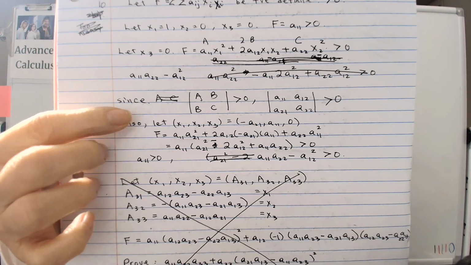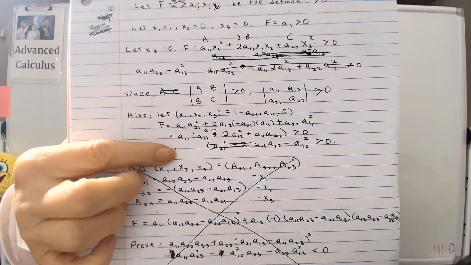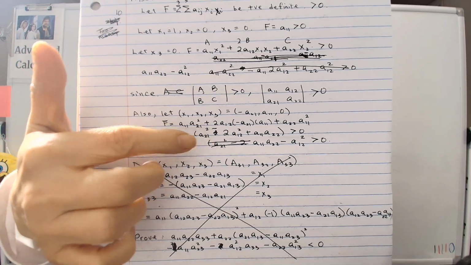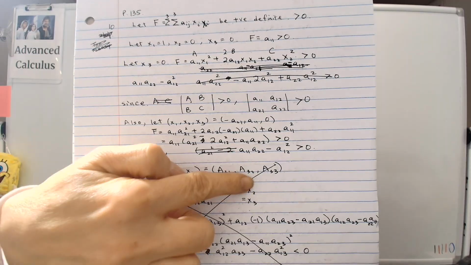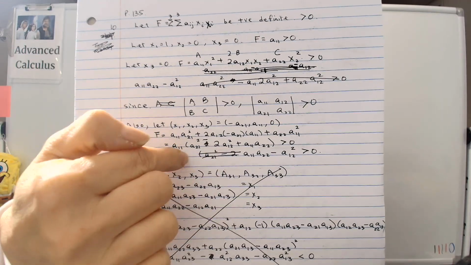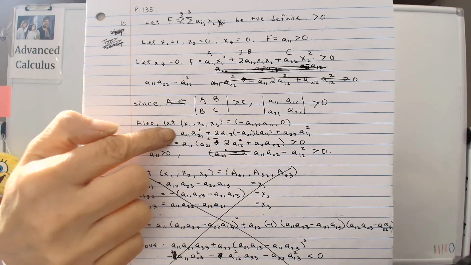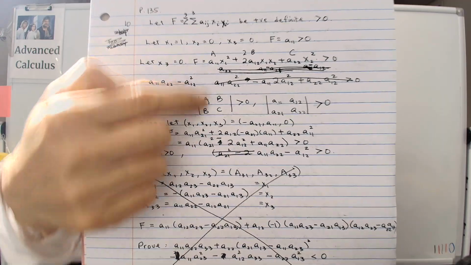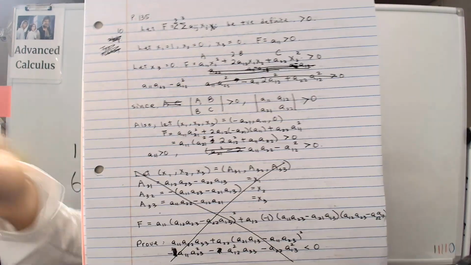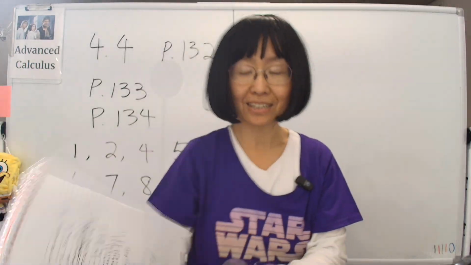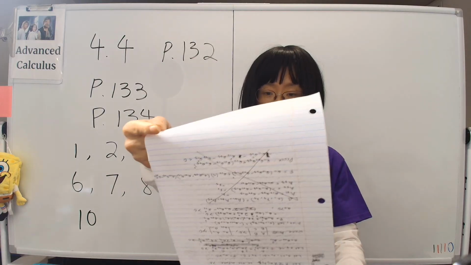If you do that, then F equals this thing, and very soon you solve it. It equals a11 times that other thing, and that is exactly this thing right here. So a11 times that thing is bigger than 0, because F is positive definite, and a11 we already showed is bigger than 0, which means that thing has to be bigger than 0. So pretty quick, smooth answer that we easily came up with.